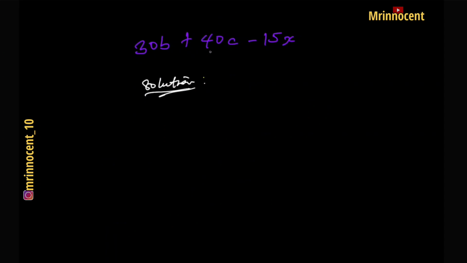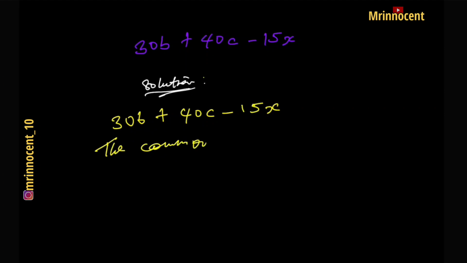30b plus 40c minus 15x. Solution. So you have 30b plus 40c minus 15x. The common factor is 5.